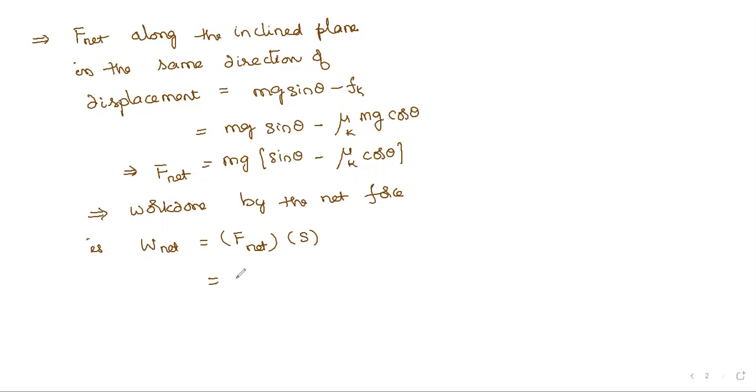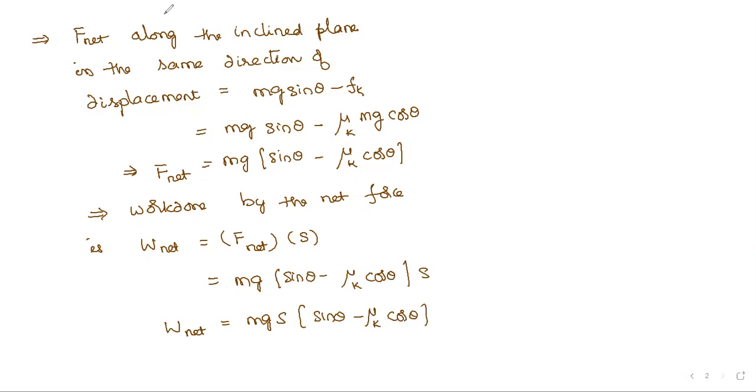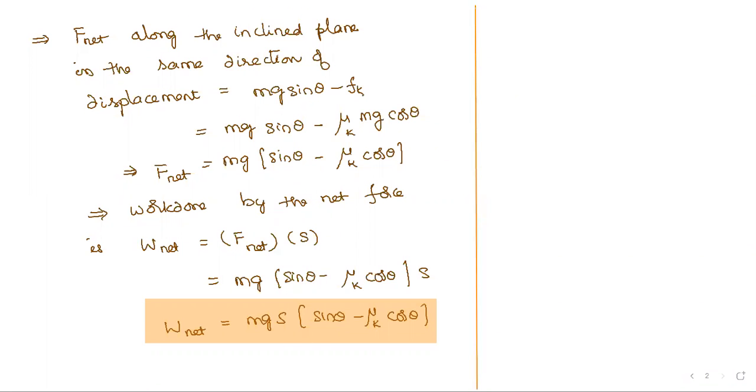So F net is mg into sin theta minus mu k cos theta, into S. That is mgS into sin theta minus mu k cos theta. This is the net work done. So on the rough inclined plane, I explained how to calculate the net force, the work done by the net force, and the work done by different kinds of forces.